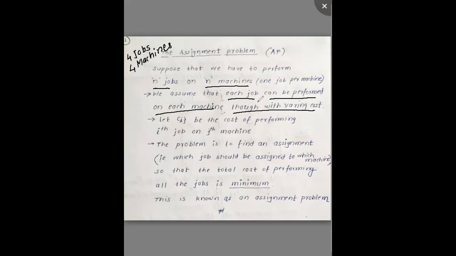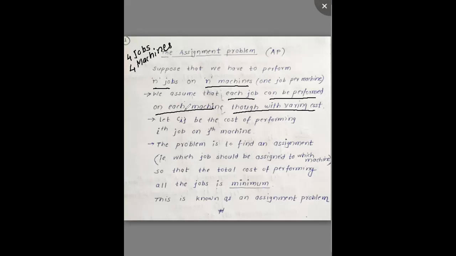That means the cost of performing these 4 jobs on these 4 machines. If you perform the first job on the first machine, and the same job on the second machine, the cost may be different, may be same, but usually it is different. So each job can be performed on each of these machines with varying costs.